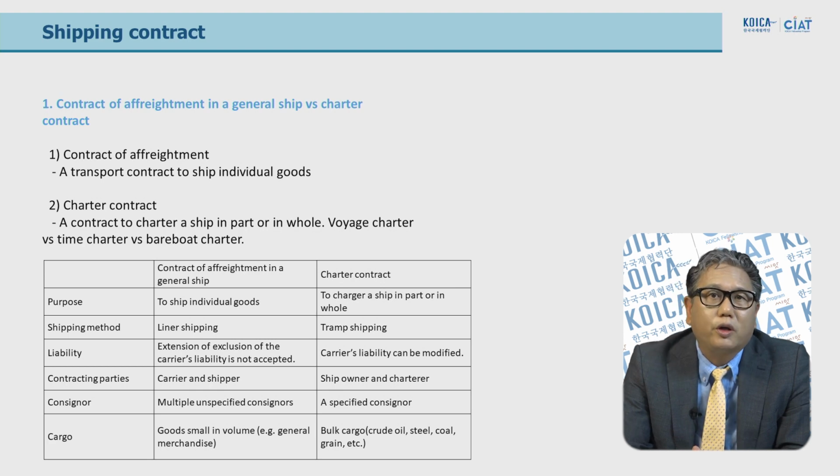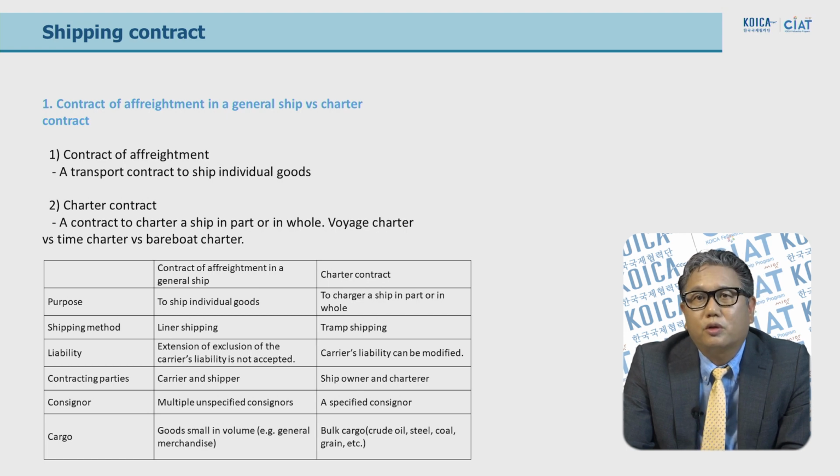First is the contract of affreightment in a general ship, as opposed to the charter party contract. A contract of affreightment in a general ship is a transport contract to ship goods individually.